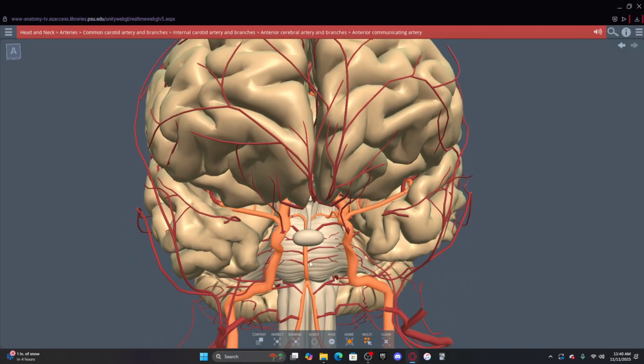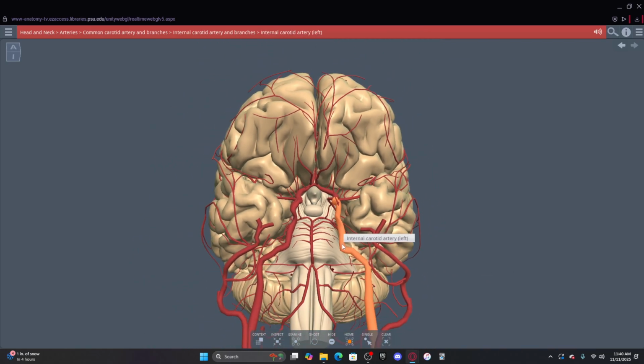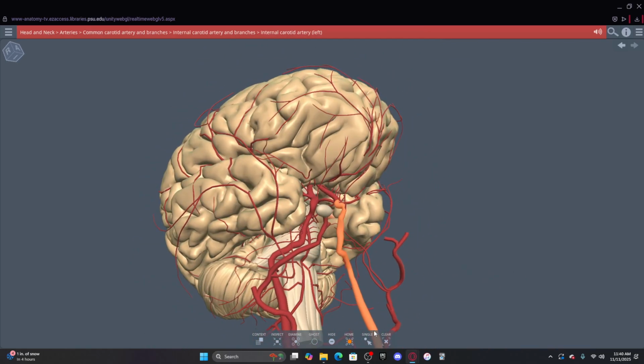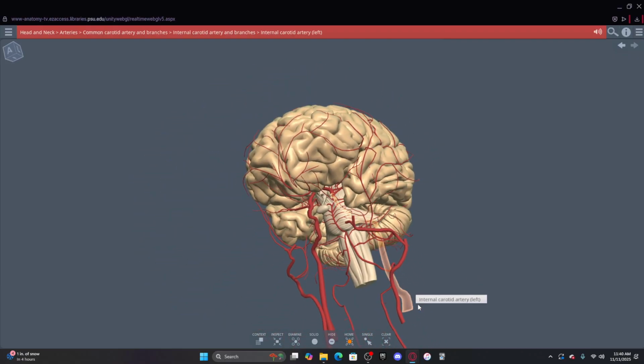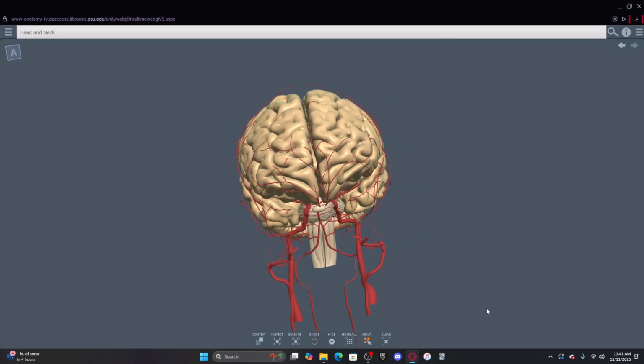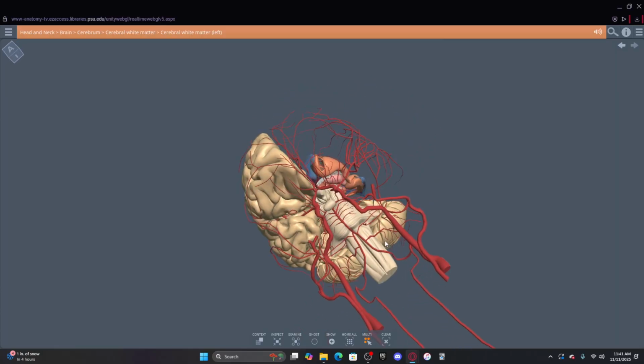All right, and I want to remove one of the hemispheres just so we can see the anterior a little bit better. Okay, so I'm going to remove one of these hemispheres just so we can see a little bit better.